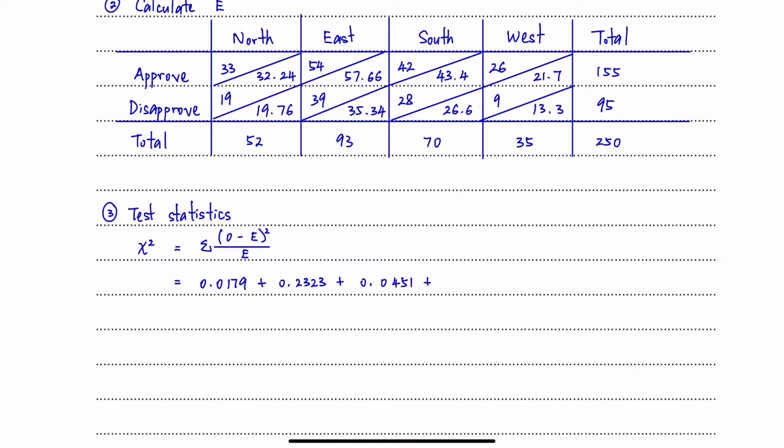For this, we get 0.0451 plus 0.852 plus 0.0292 plus 0.379 plus 0.0736 plus 1.3902.